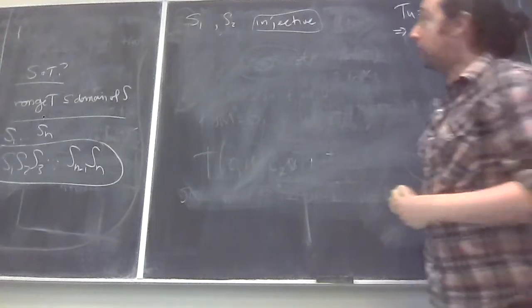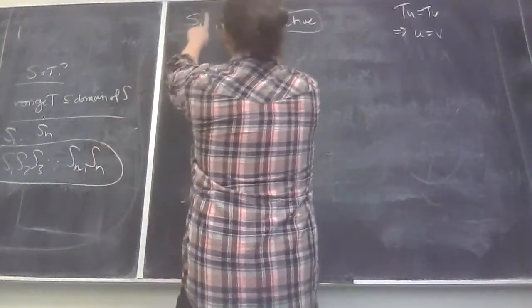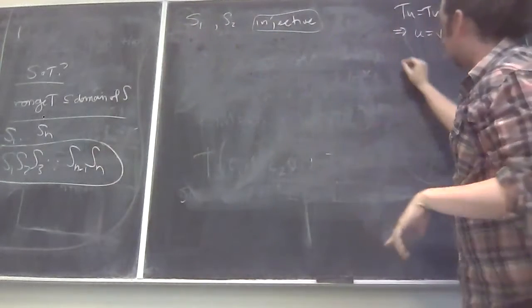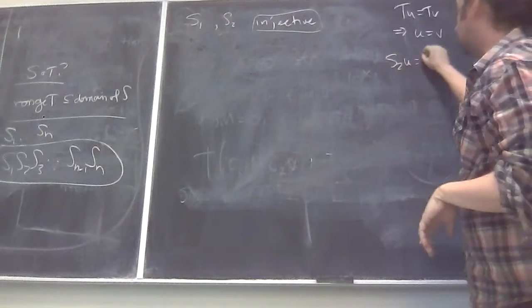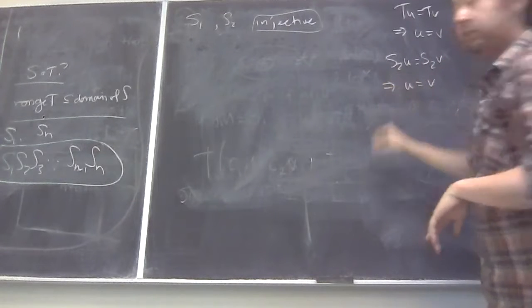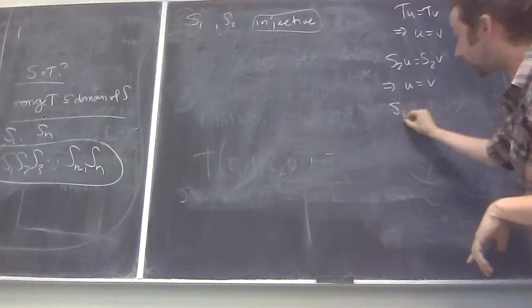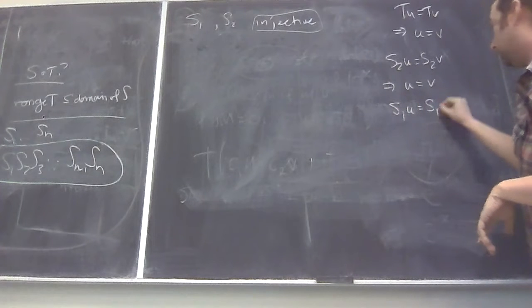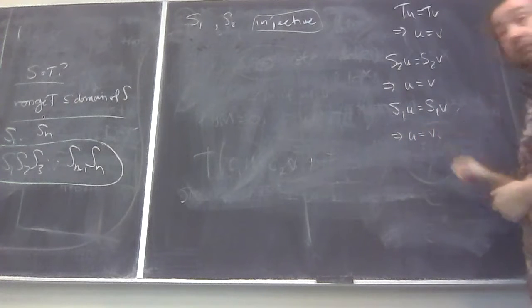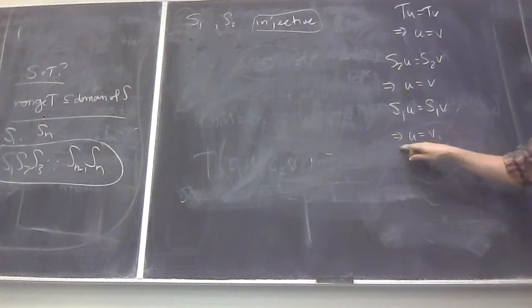Okay, so if these are both injective, that means if I ever saw S2 of U is equal to S2 of V, I could write U is equal to V, right? And it also means if I ever saw S1 of U is equal to S1 of V, I could write U is equal to V, right? That would be the implication.